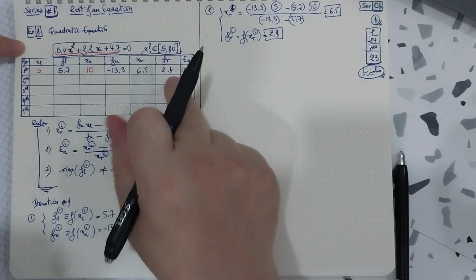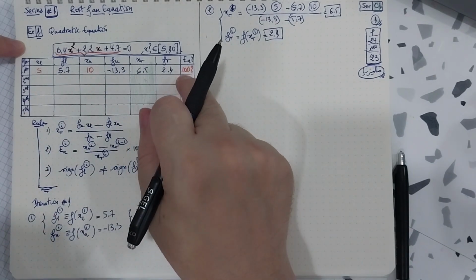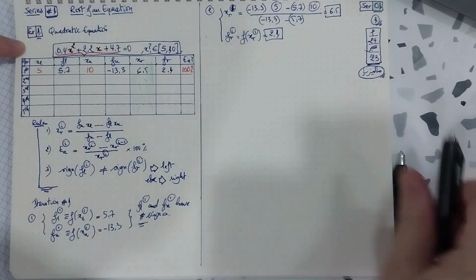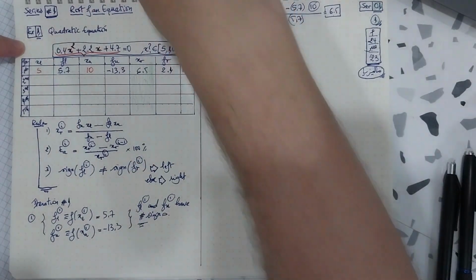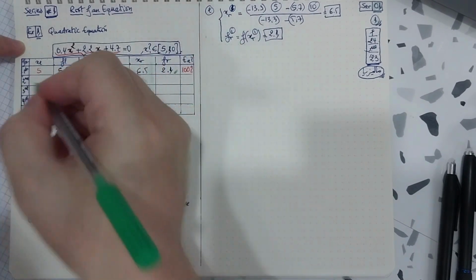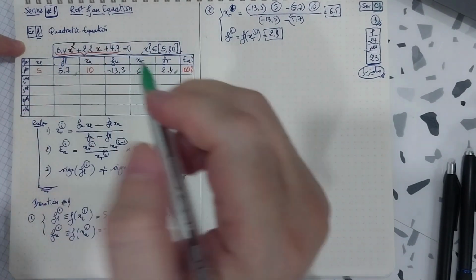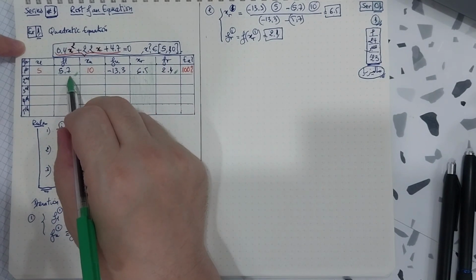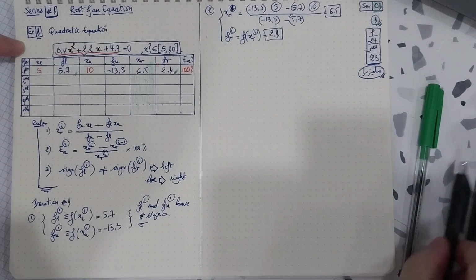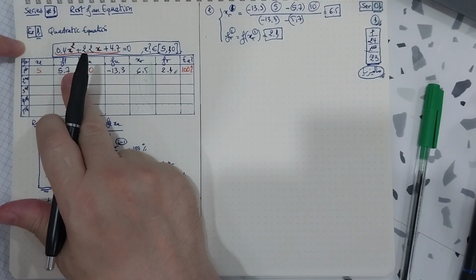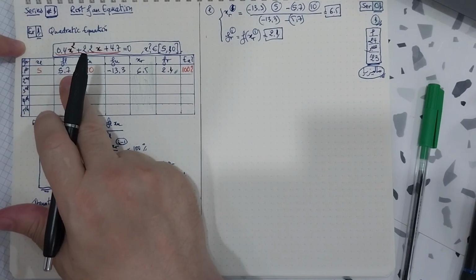Before going to the second iteration, we need to apply the rule of the signs. So we check the sign of FR and the sign of FL. We can see that they are both positive. So it is impossible that the curve cuts the x-axis at the left.